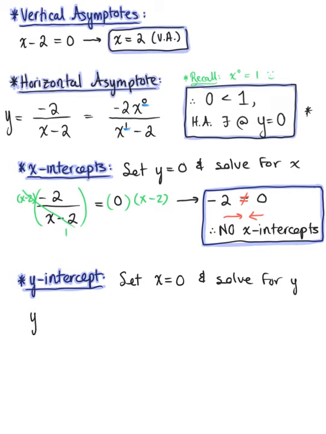So we have y is equal to -2 divided by 0 minus 2, which simplifies to -2 divided by -2. And we know negative divided by a negative is producing a positive value. 2 divided by 2 leaves us with 1. So we have a y-intercept at the ordered pair 0, 1.